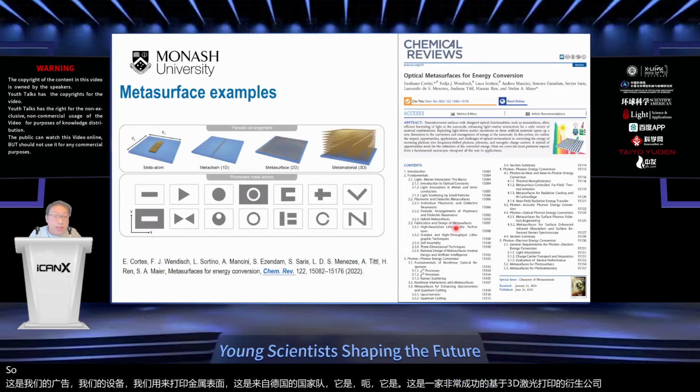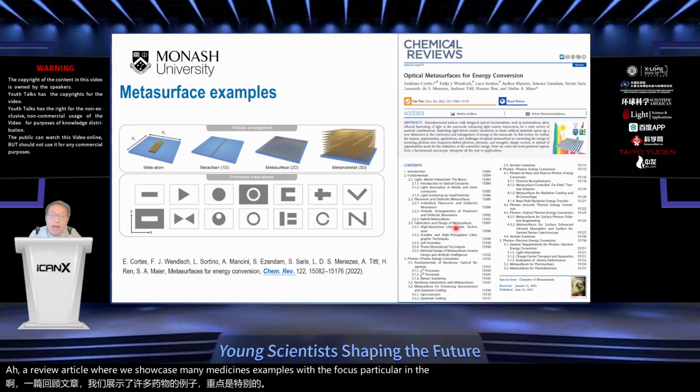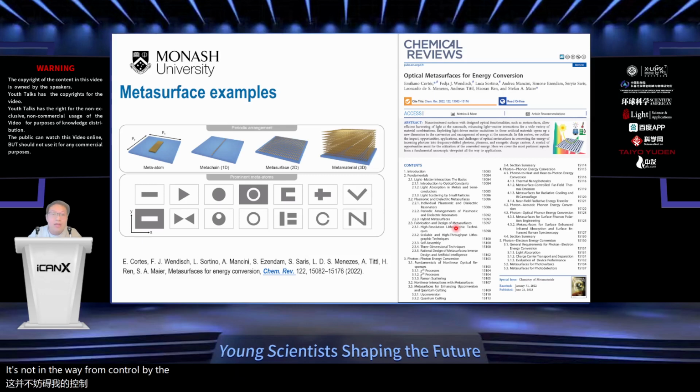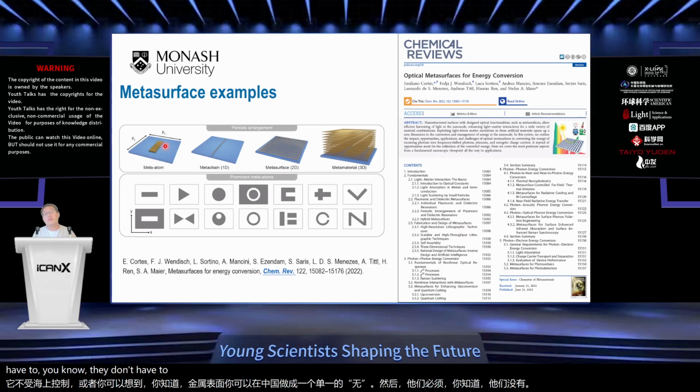So just to give you another example slide, for the audience who are interested in metasurfaces, recently we also contributed a review article where we showcase many metasurface examples with a particular focus on energy conversion. It's not wavefront control, but still you can think of metasurfaces made into a single nano-antenna, and they don't have to be very close to each other.